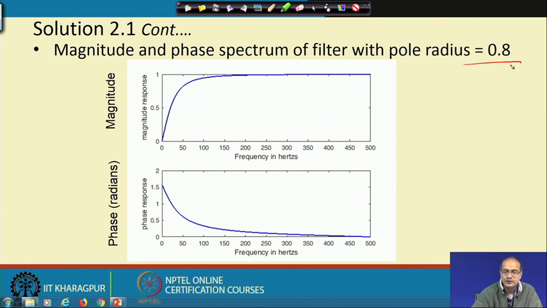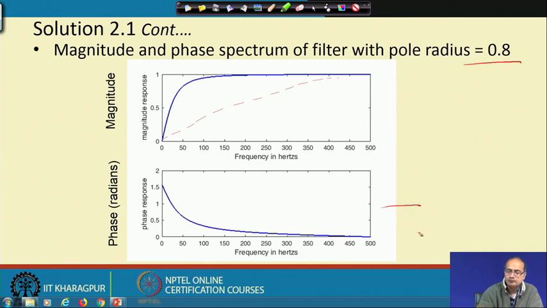When we look at the response, we see some improvement. Earlier it was going like this, now the changes are much sharper. There is an improvement in the amplitude response, but the phase response got skewed. We get a nonlinear phase response here.